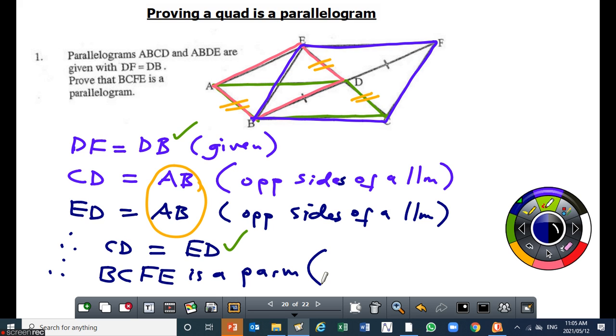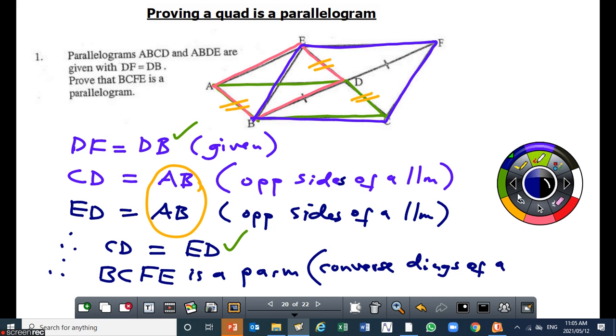The word converse means an opposite or a reverse statement. So this would be converse, diagonals of a parallelogram. You can put diagonals of a parallelogram bisect if you want, but based on the acceptable reason that I gave you, that's how you can write it.